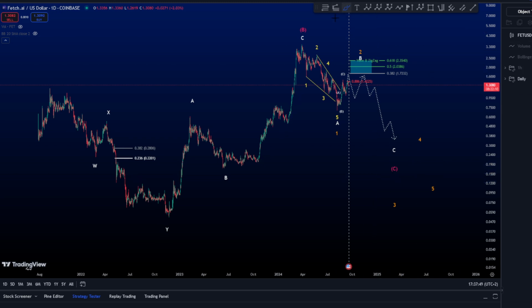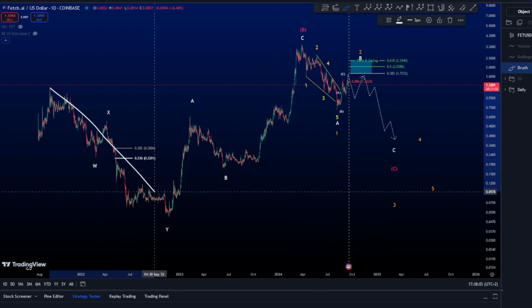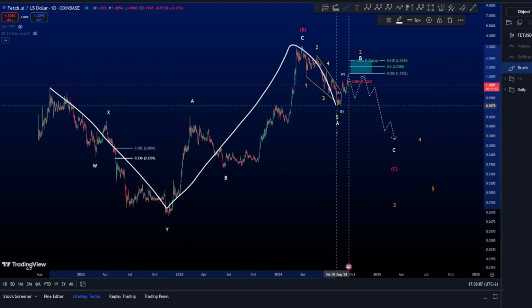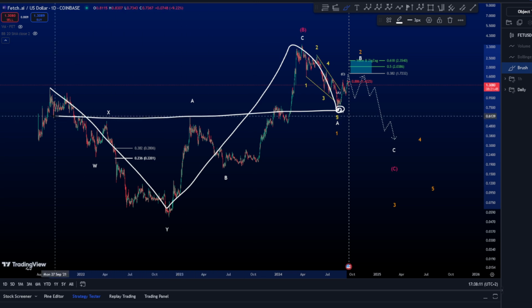Of course, there is one less likely scenario where your wave C has ended with 5 waves towards the downside, which we can see here in the yellow label as a contracting diagonal. However, this opens the scenario that this expanded flat has finished as a running flat, where your wave C has finished almost in the middle of this expanding flat.